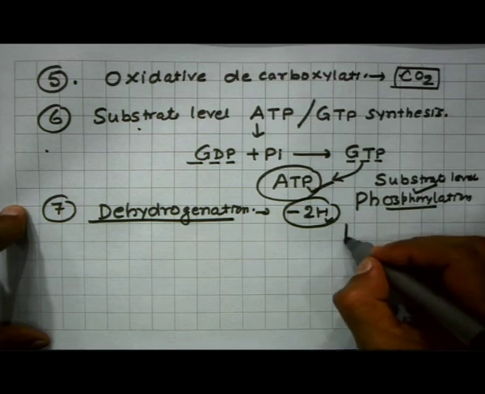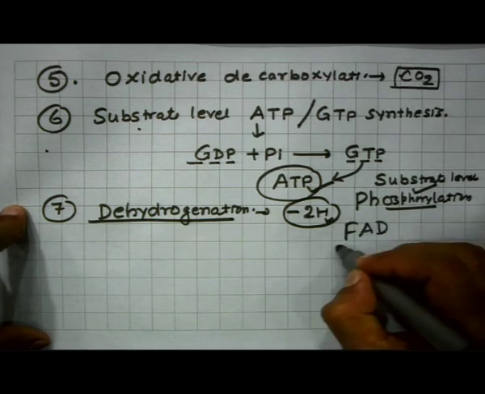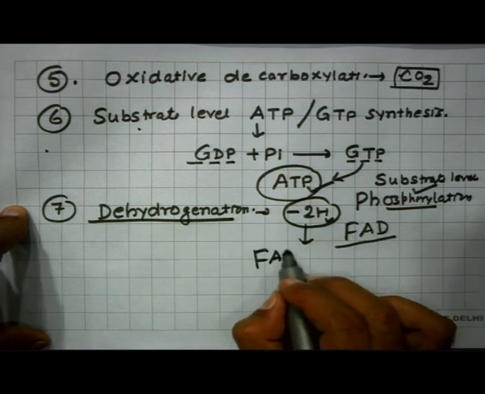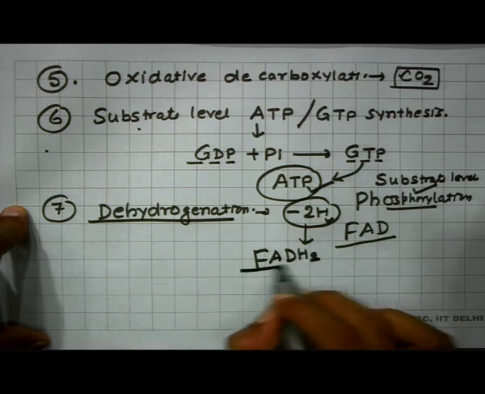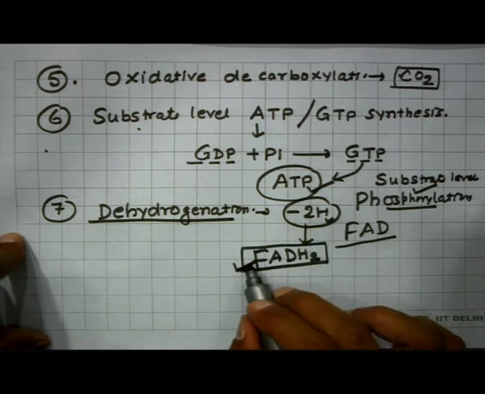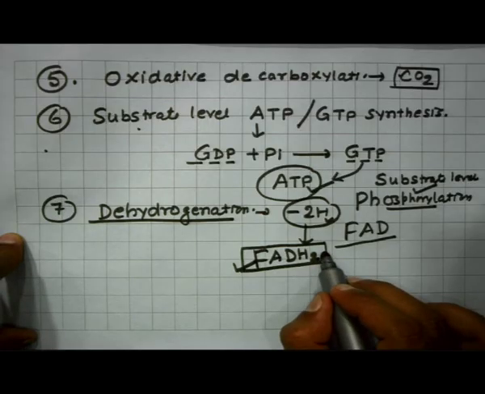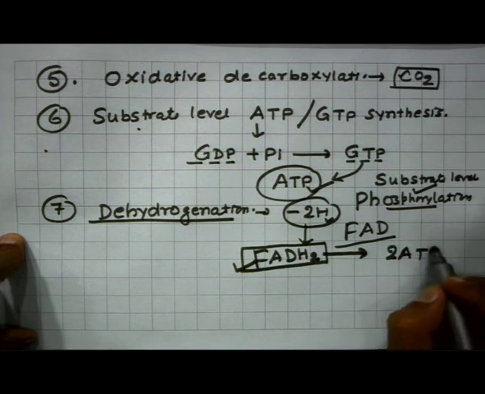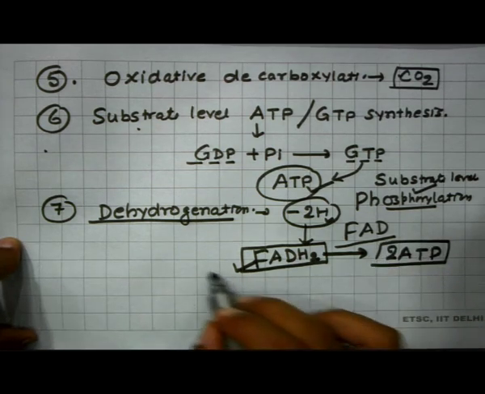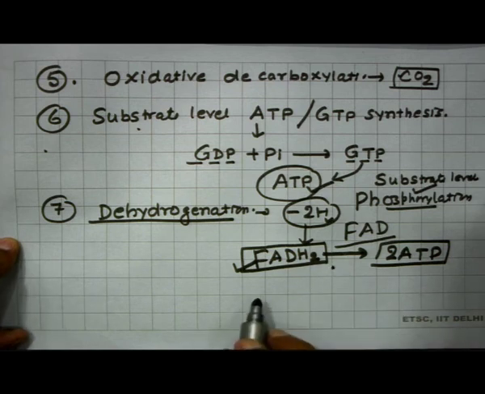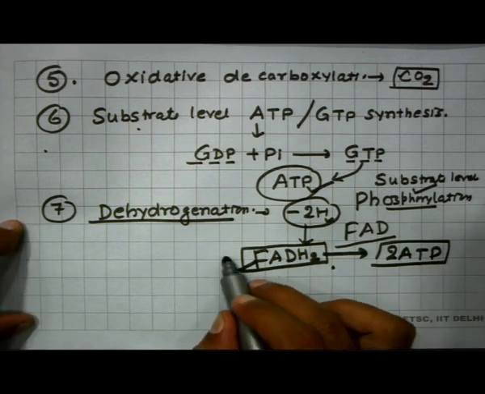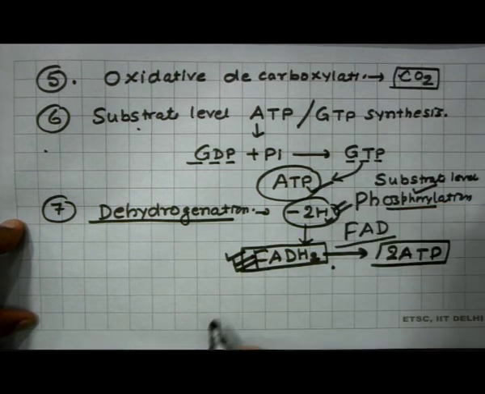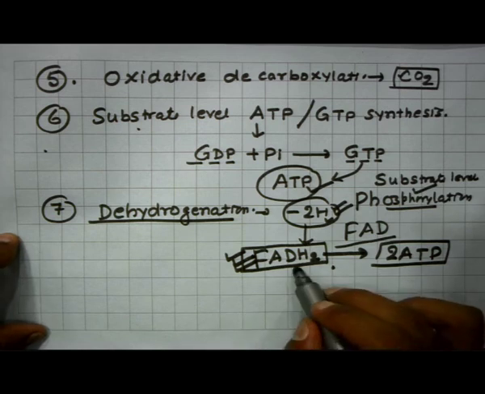Here FAD is used to accept this proton and it is converted into FADH2. These are the reduced coenzymes. FADH2 is converted into 2 ATP in the oxidative phosphorylation process. So, it is the first step where NAD is not used for acceptance of hydrogen atoms, FAD is used.